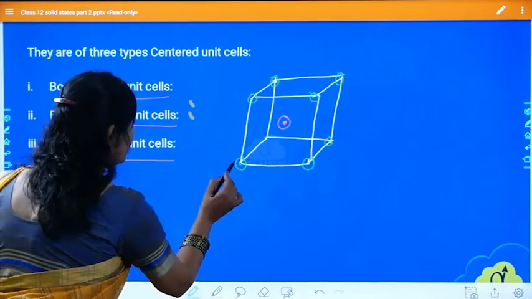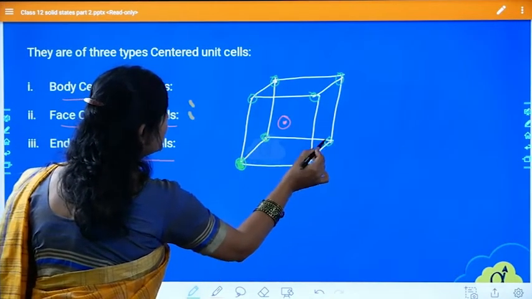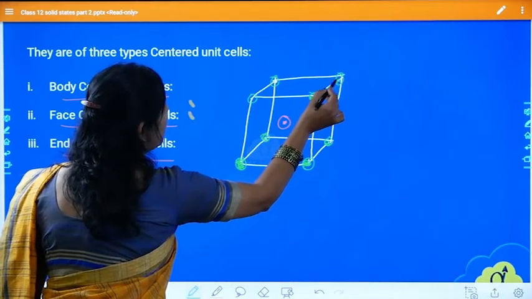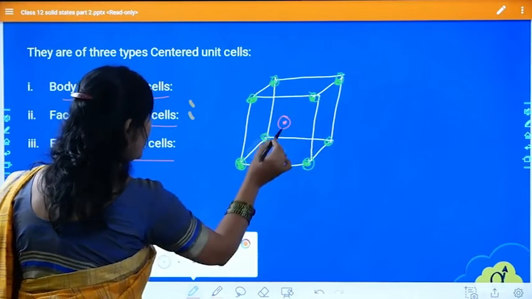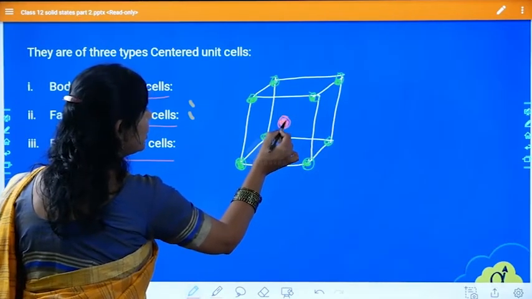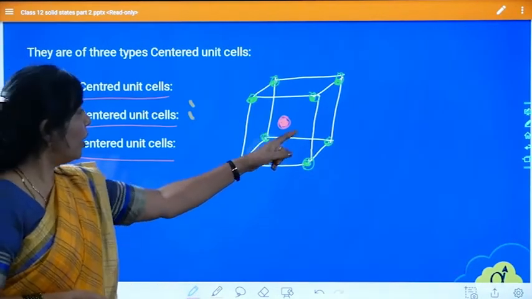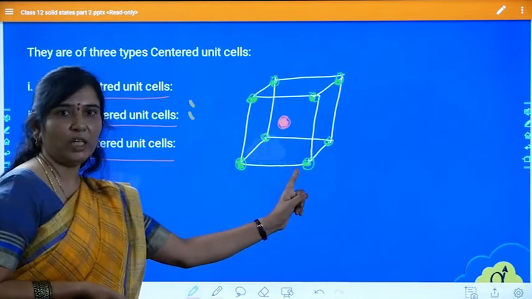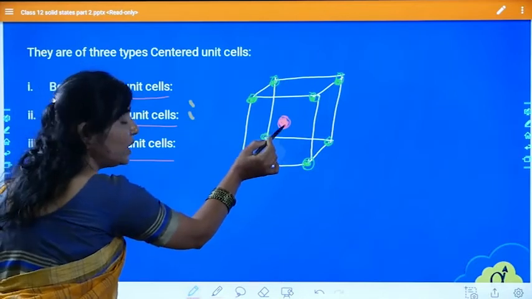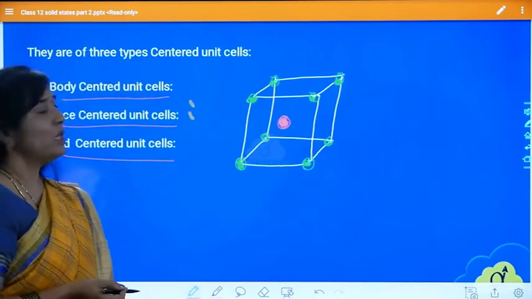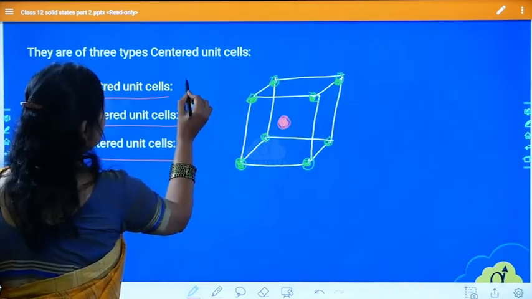Like this, at 8 corners, 8 constituent particles are present. Now along with the corner particles, what you have observed here is one more constituent particle at the center. Such a unit cell where, along with the corner particles, one more constituent particle is present at the center of the unit cell is known as a body centered unit cell.